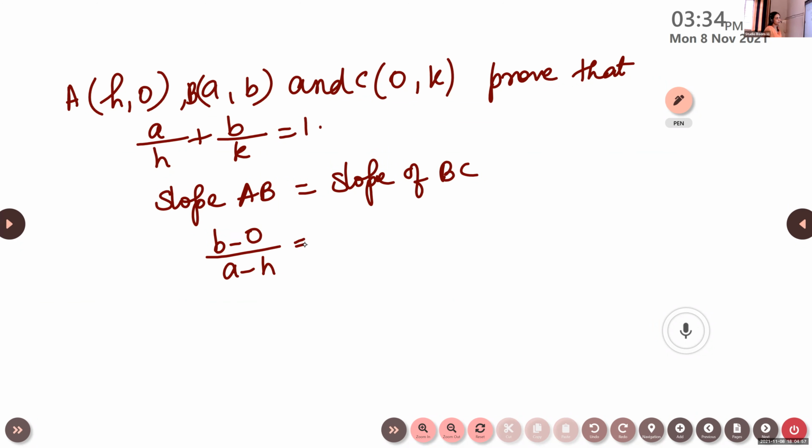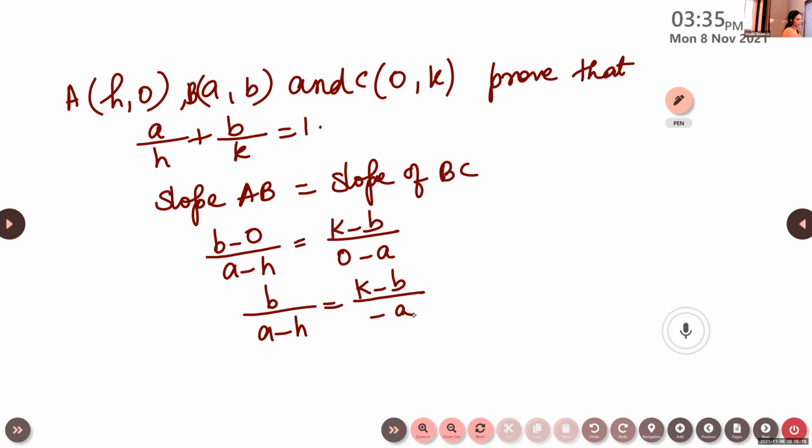And Mary, what is slope of BC? K minus B by 0 minus A. That is B by A minus H is equal to K minus B by negative A.